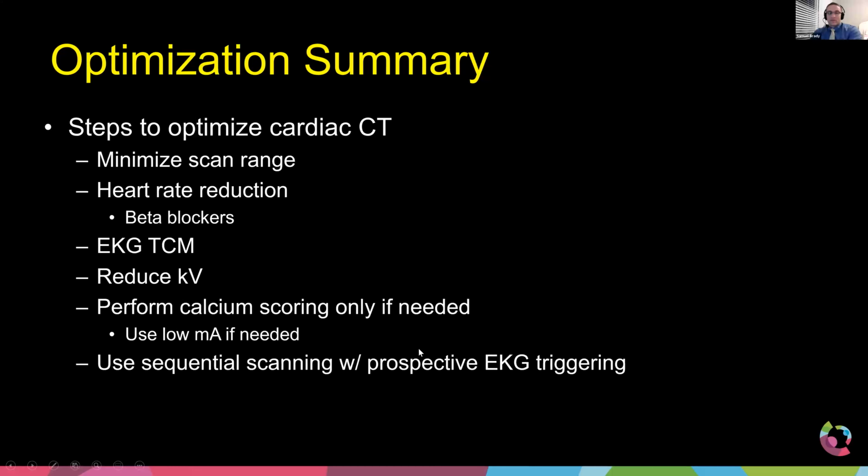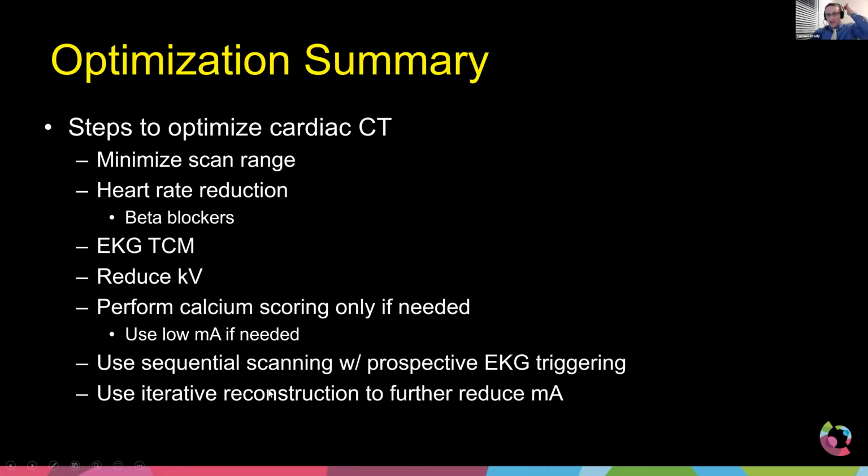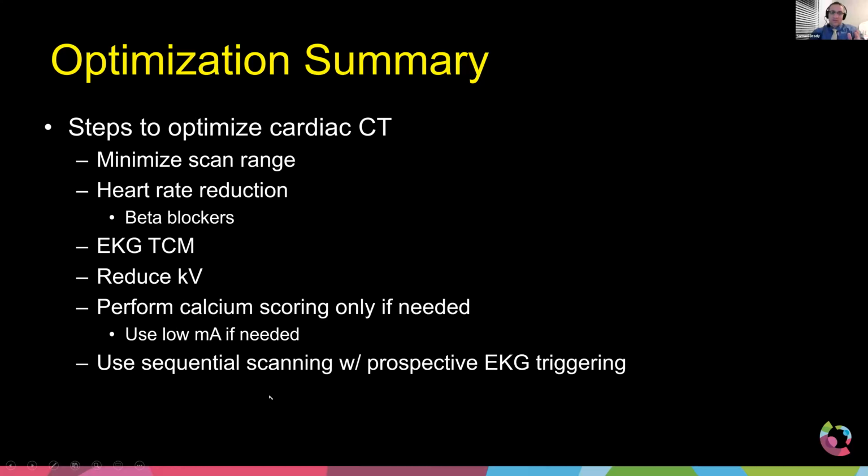But for those of you doing, for the most part, prospective EKG triggering, if you use sequential scanning on the older systems, the 64 slice scanners, that's going to be a lower dose than the really low pitch helical. And if you can do it with the wider beam width ones, that's great too, because it's usually one or maybe two spins and you got all the data you want.